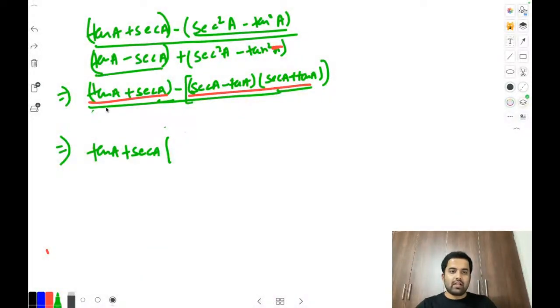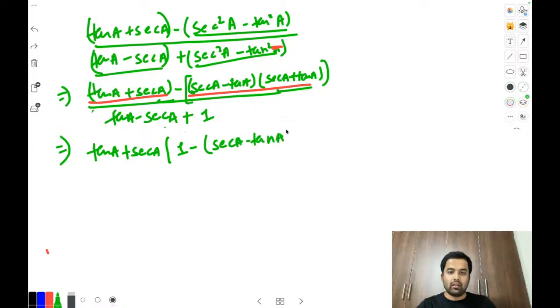See, this is as it is. This thing here we are making easiest, and this one we know the value is one only. After taking common on the numerator part, what is left is (tan A plus sec A) times (1 minus (sec A minus tan A)). Below part, let it be as it is: tan A minus sec A plus 1.